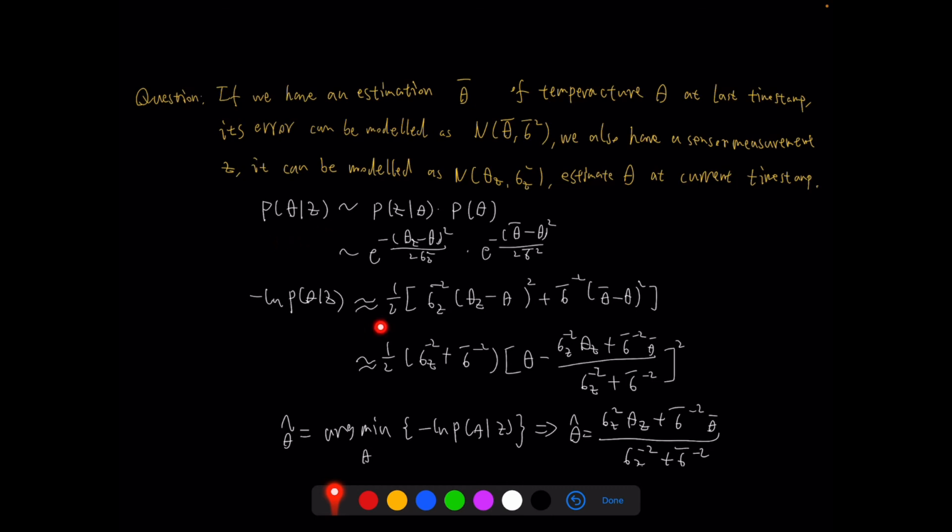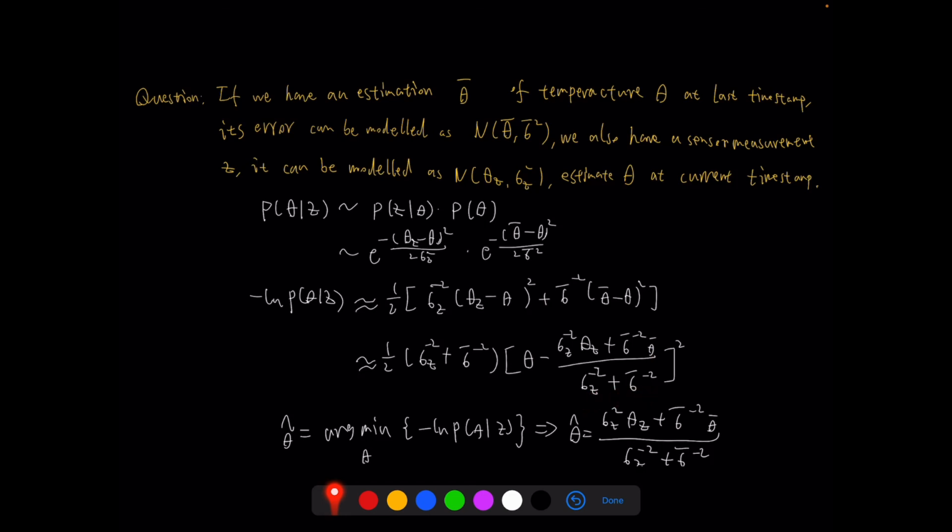It ends up, of course, as a quadratic function. Then we expand the two quadratics and combine them together. We obtain two parts. The first part is formulated by standard deviation. The other part becomes very easy. It's another quadratic, theta minus (sigma theta bar squared times z plus sigma z squared times theta bar) divided by the sum of the two variances.